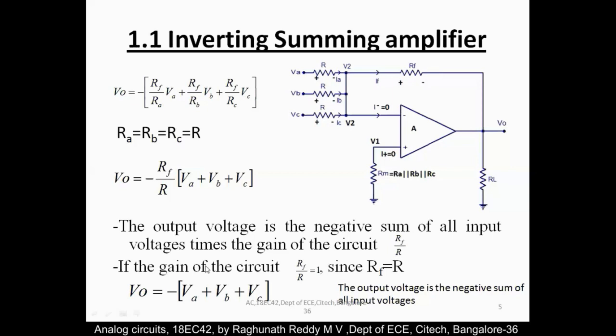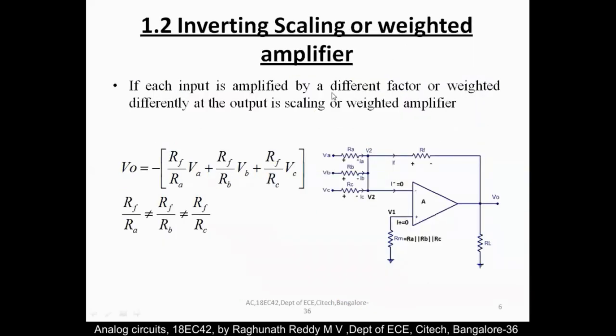Because of the negative sign it is inverting, and it is summing VA plus VB plus VC.